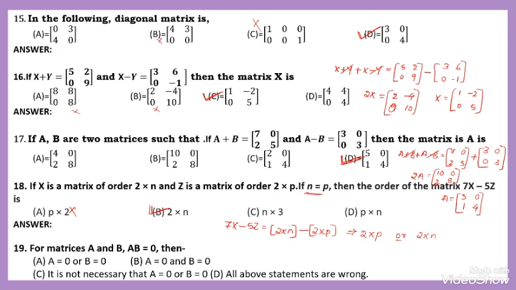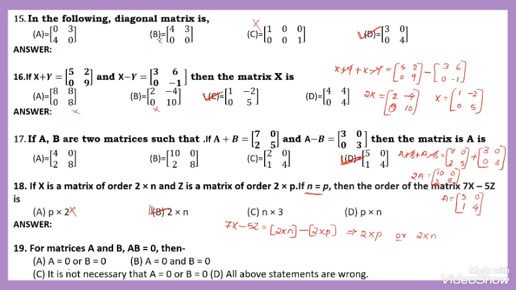For matrices A and B, AB is equal to 0. While taking the multiplication between the two matrices A and B, the answer should be 0. Now, A is equal to 0 or B is equal to 0.